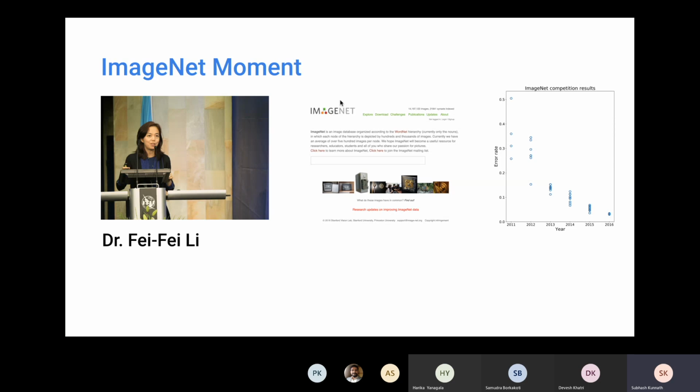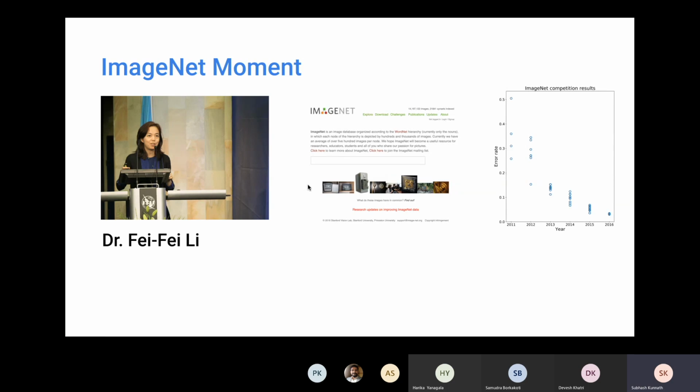Dr. Feifei Li created the challenge known as the ImageNet challenge. She curated data which is directly connected to the WordNet we have seen in the previous lecture, the different word groups or synsets representing concepts, and for each synset a large number of images were curated and annotated.